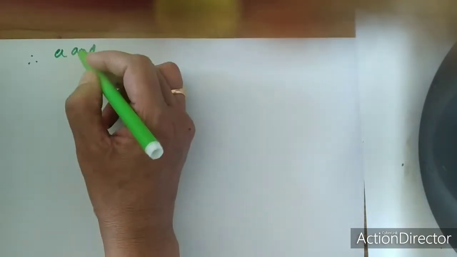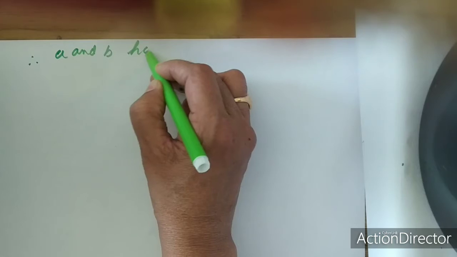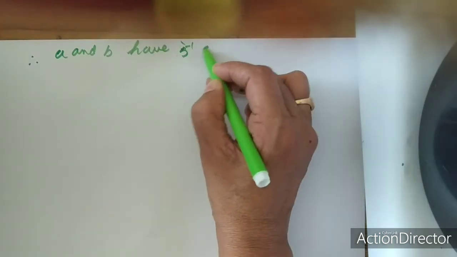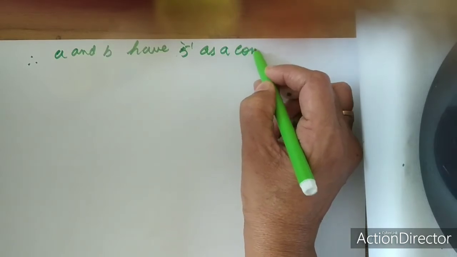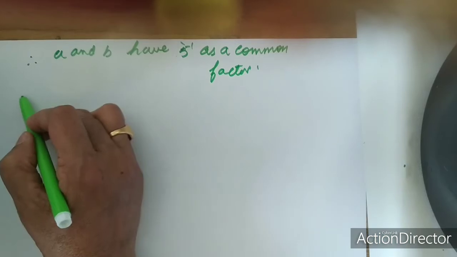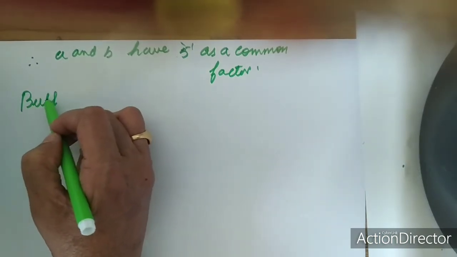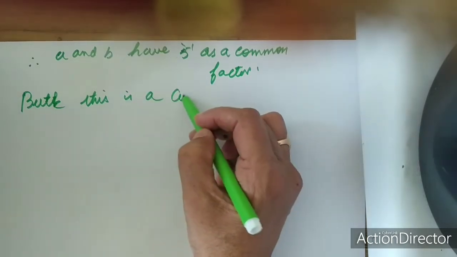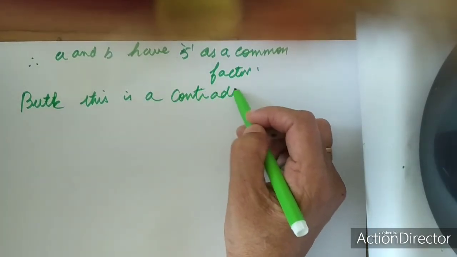Now, therefore, A and B have 5 as a common factor now. But this is a contradiction. Why?